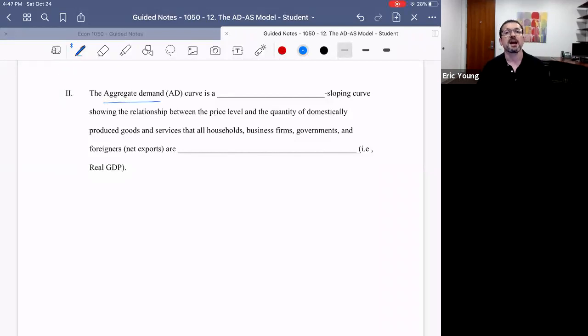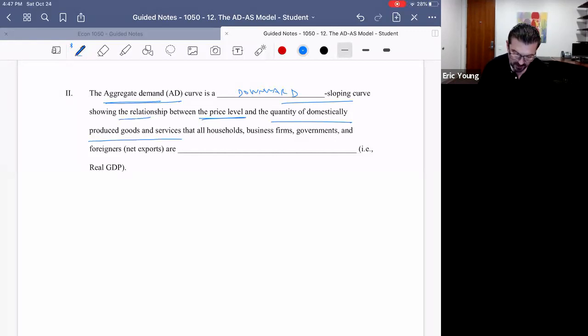So the first thing to understand is that the AD curve is a downward sloping curve. So AD is downward sloping, and this curve shows the relationship, because we're always talking about how two things are related. In the case of the AD curve, it's a downward sloping curve that shows the relationship between the price level on one hand and the quantity of domestically produced goods and services on the other hand.